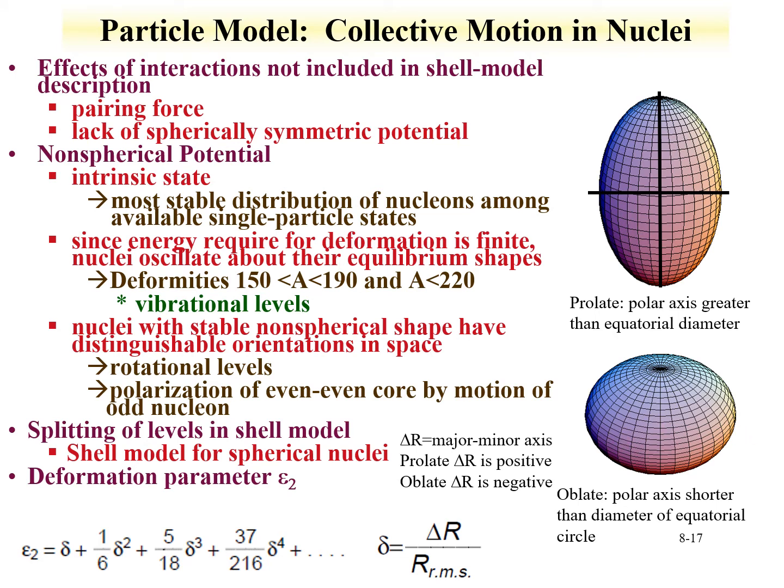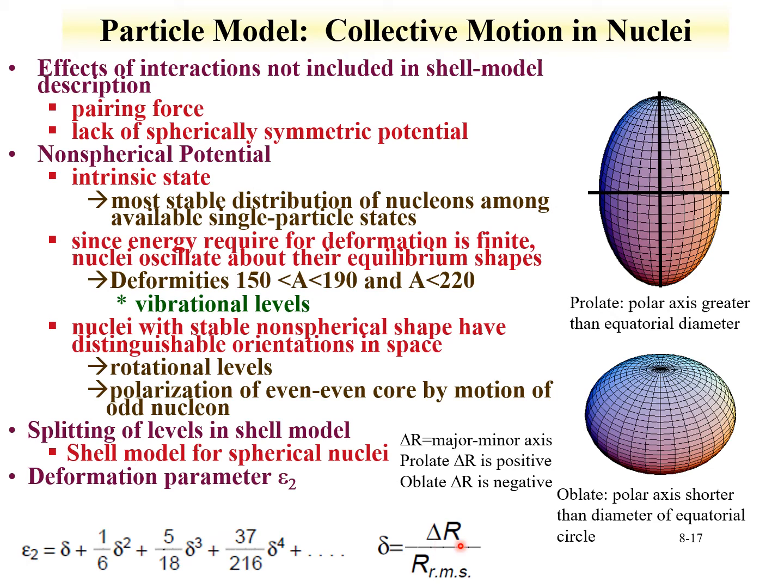Evaluation of these axes, the axes that are defined here, shown here, the prolate nucleus, or the similar ones in the oblate. So the oblate, this X would be larger than the Z, whereas it's opposite for the prolate. We can use that to define the deformation parameter. There's a term shown here, an expansion of this delta term.